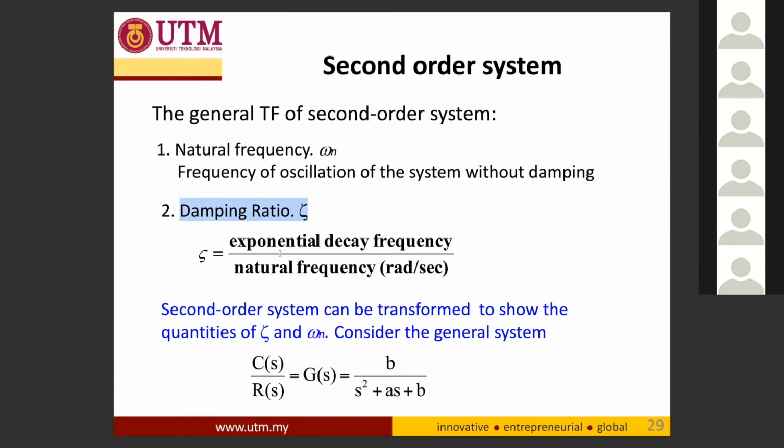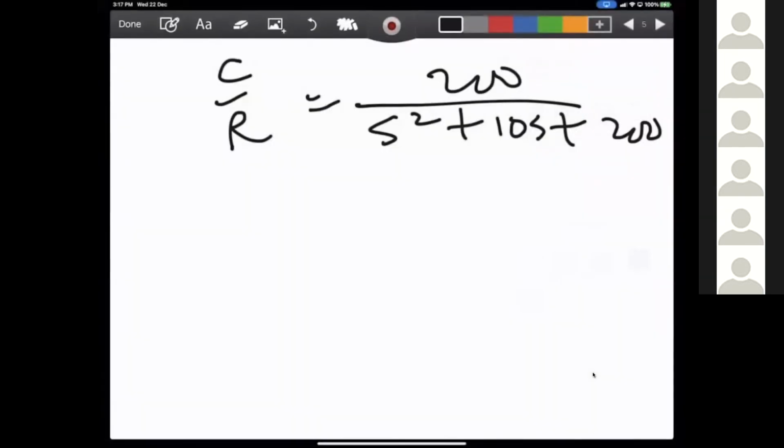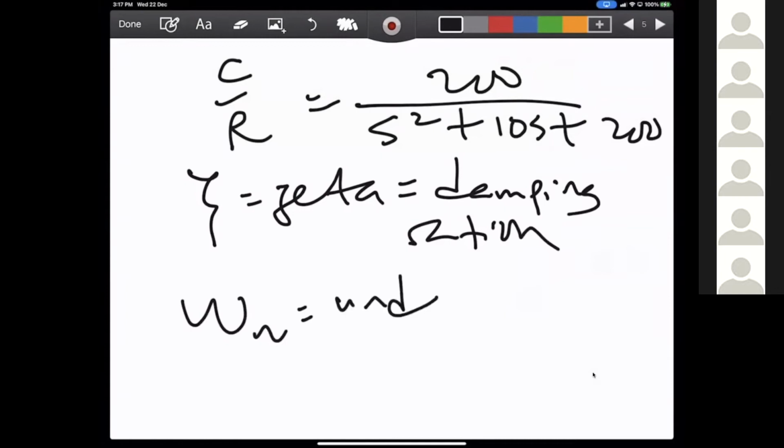Okay, so zeta, like this. Damping ratio. Omega n is the undamped natural frequency.